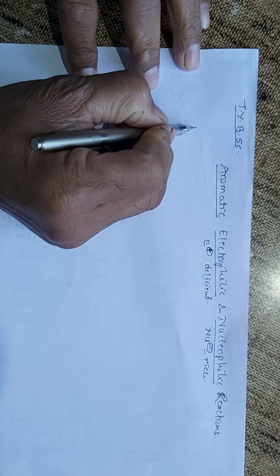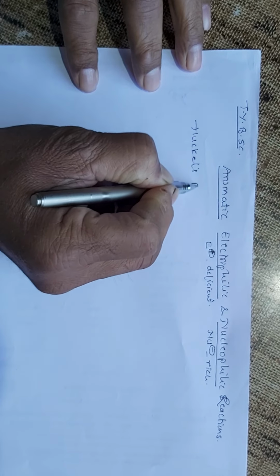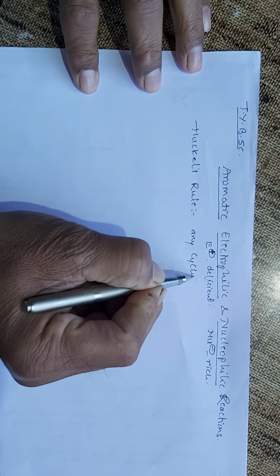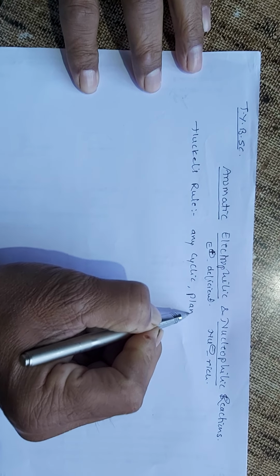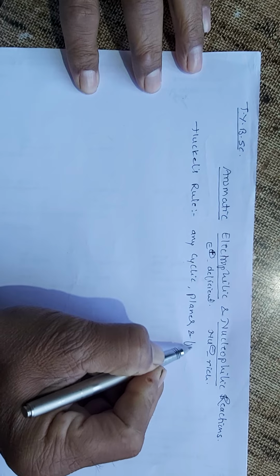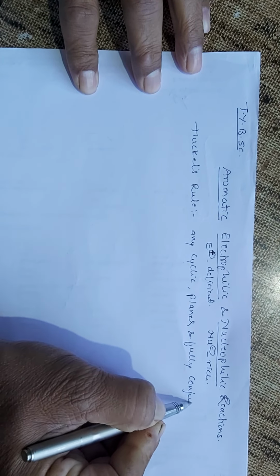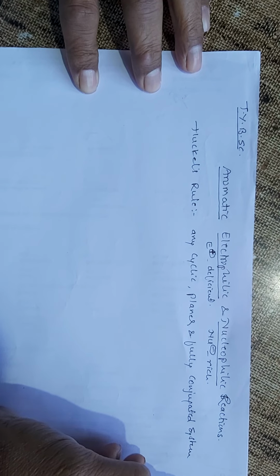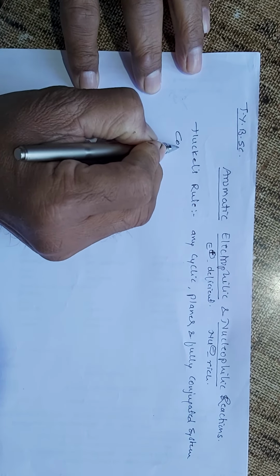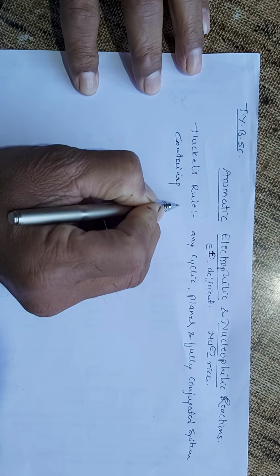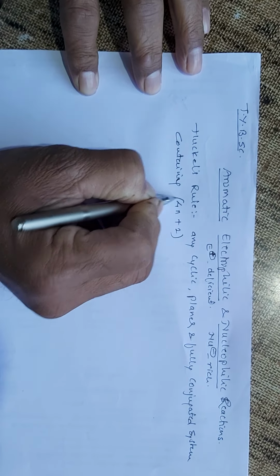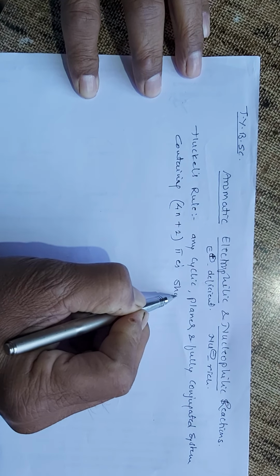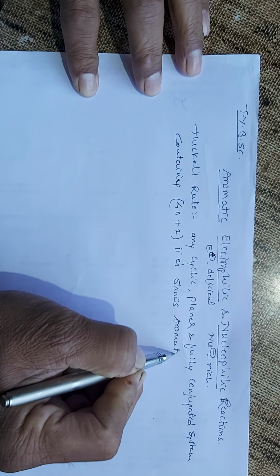According to Huckel's rule, any cyclic, planar, fully conjugated system or molecule containing 4n plus 2 pi electrons shows aromatic behavior.